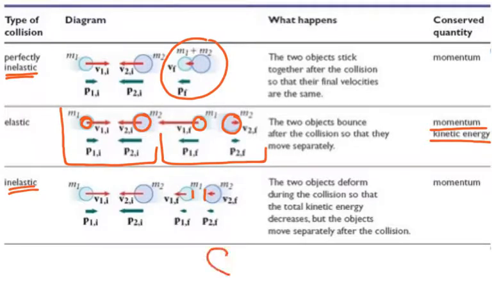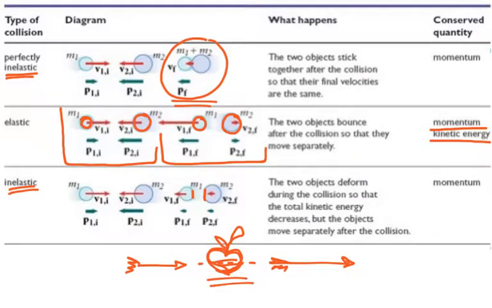So it could be an apple, and maybe the object goes through the apple and continues moving. You still have two objects after the collision, but one of them is damaged, so the apple would be damaged. So it would be inelastic collision, even though one got into another. Every time one gets into another, whether they stick together or damage is done, kinetic energy is not going to be conserved. But momentum is conserved for every single one of them. So the momentum is always conserved.